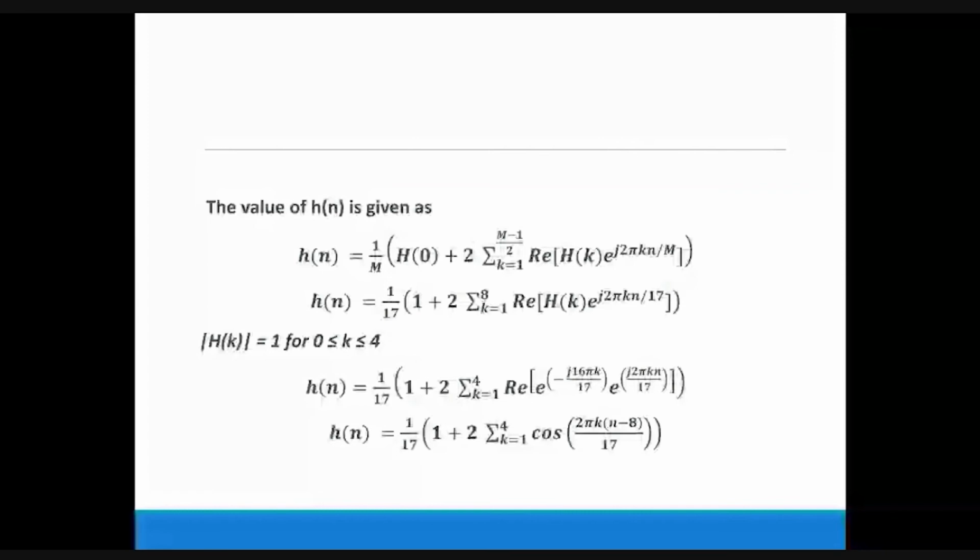First you have to apply 0 to 8, and then the remaining values are the repetition that you can write with the help of symmetry. Just apply the value of n and try to find the answer.